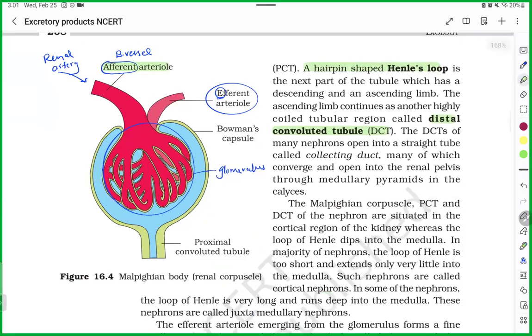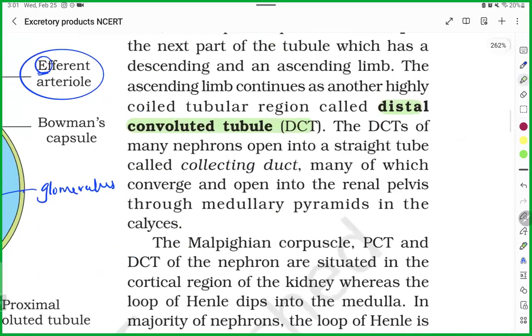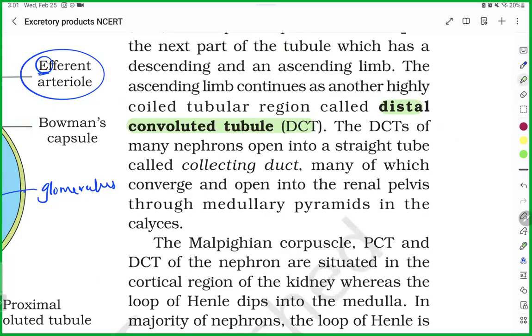Next part is important. The DCT of many nephrons opens into the straight tube of the collecting duct. What question can be asked? Multiple nephrons have a common collecting duct. It's not like every nephron has an individual collecting duct.